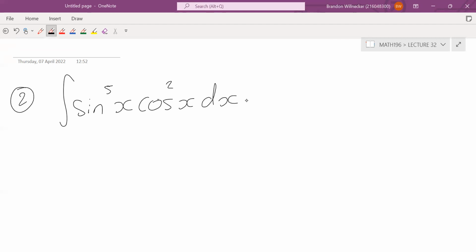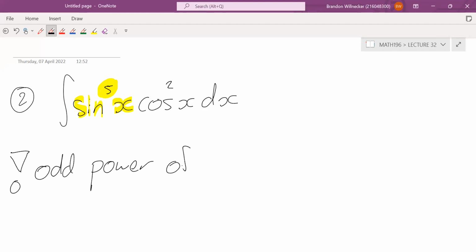Okay, so when you're given this question, the first thing that you need to notice is that the power of sine is odd. Okay, it's an odd power of sine.